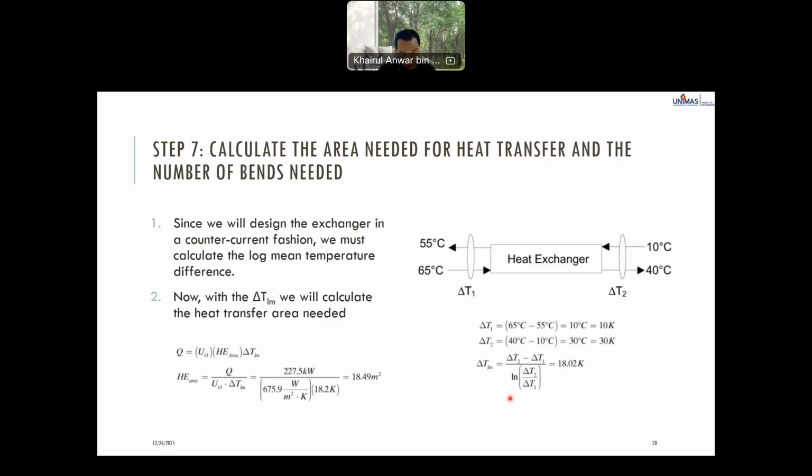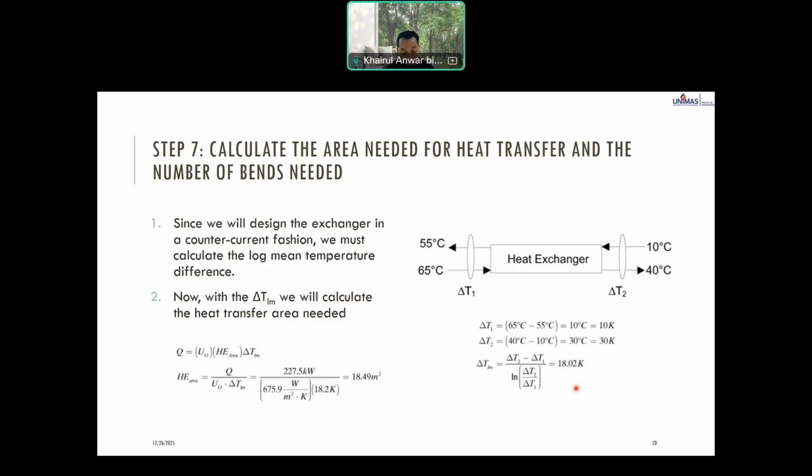So delta T log mean temperature, delta T2 minus delta T1 over the log. This is the delta TLM, equivalent in Kelvin. Now with the delta TLM, we will calculate the heat transfer area needed.